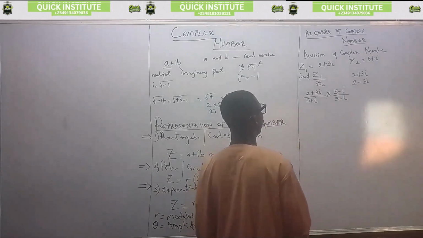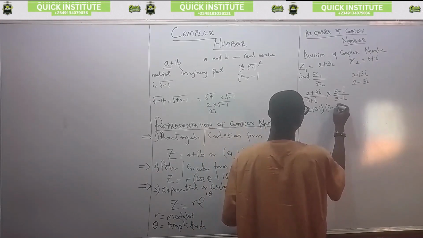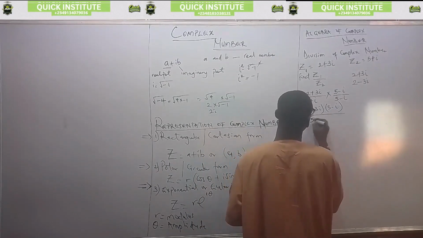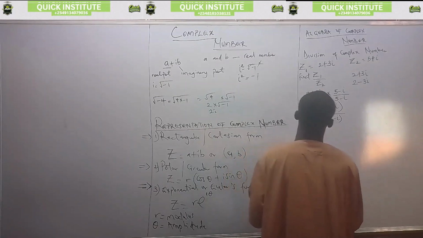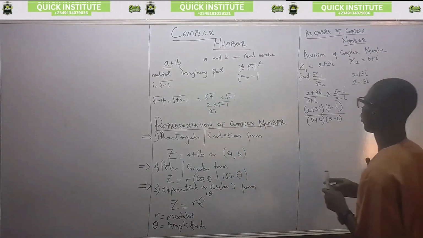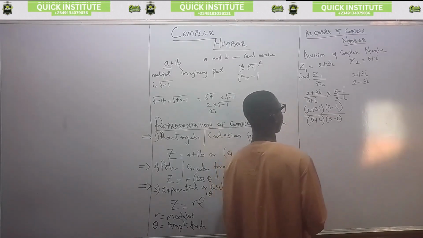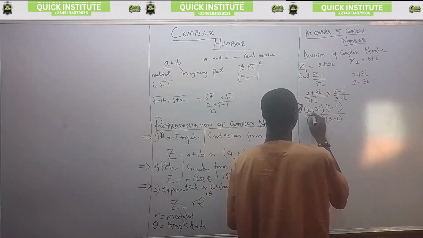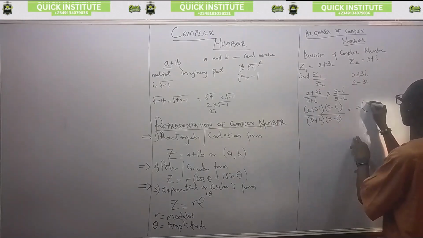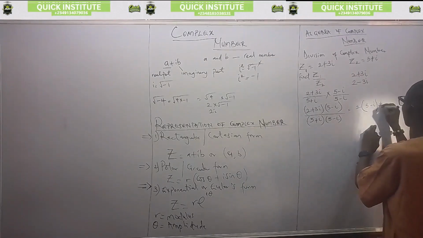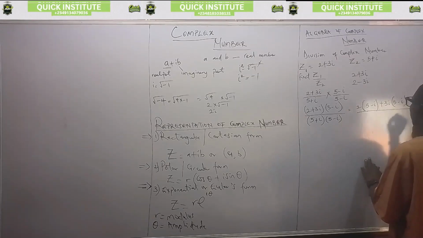So you multiply 2 plus 3i by 5 minus i over 5 plus i, 5 minus i. We've already done multiplication of complex numbers, so you use that here. So we have 2 open bracket 5 minus i plus 3i bracket 5 minus i, over the denominator.